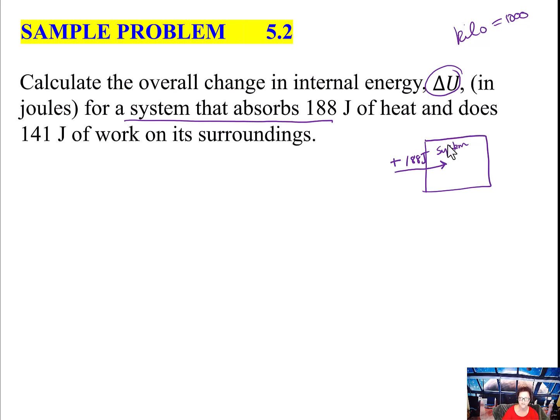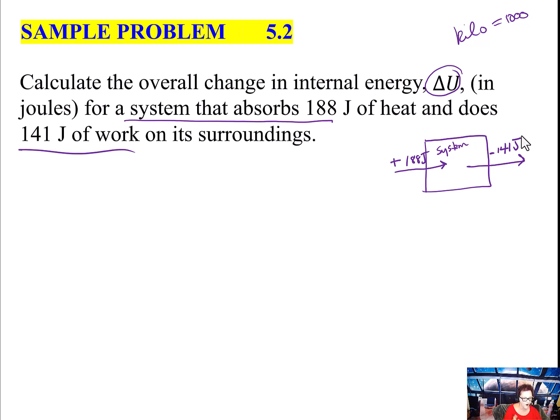And so that makes the energy of the system go up 188 joules. And it does 141 joules of work on its surroundings. So I'm using the system to perform work outside the system. So that means 141 joules are going to have to leave the system to go to the surroundings in order to do that.